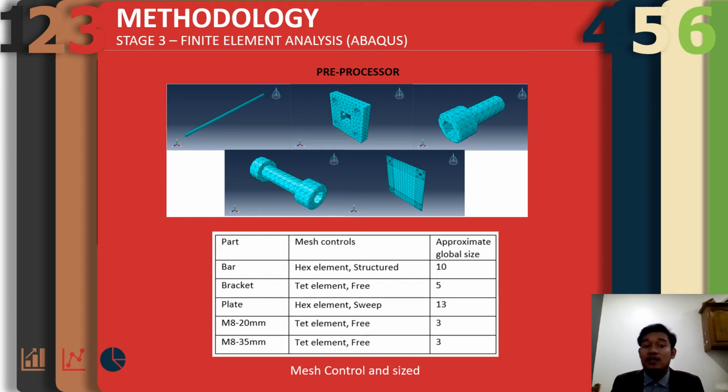In FEA by using Abaqus, basically in the preprocessor, it has the same procedure as the adaptive methods that I explained before. But the major difference is in the meshing process. So this is all the part that I meshed by using Abaqus.